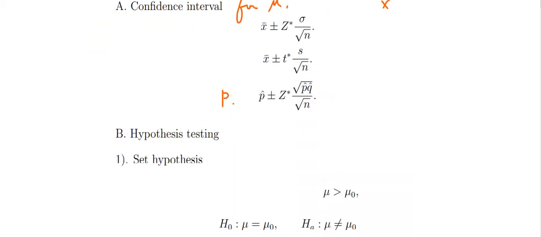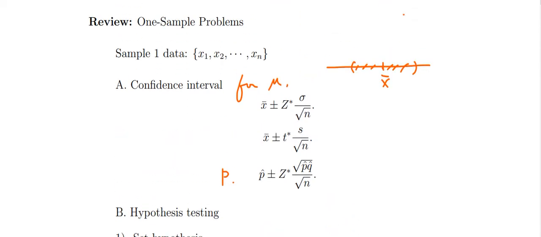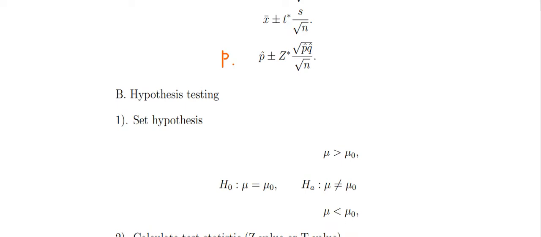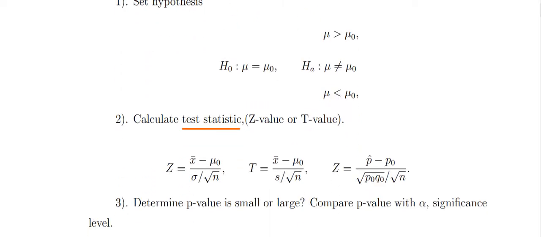The other thing we can do with this data is hypothesis testing. We can test whether mu can be this number, or whether mu should be larger than this number or less than this number. For those hypothesis tests, we calculate a test statistic. We call this the cutoff point, and we use a formula. The cutoff point is here, 0.